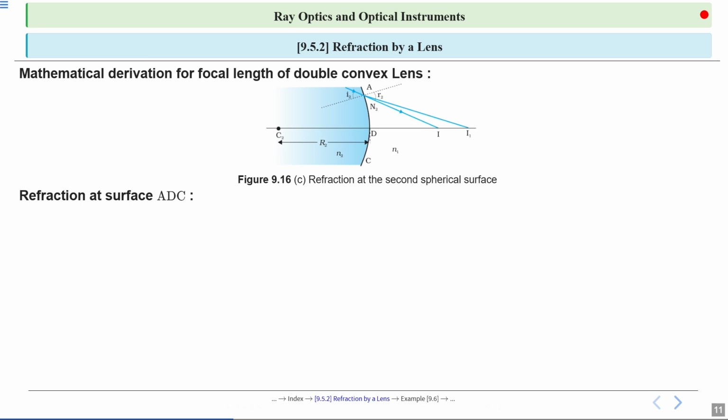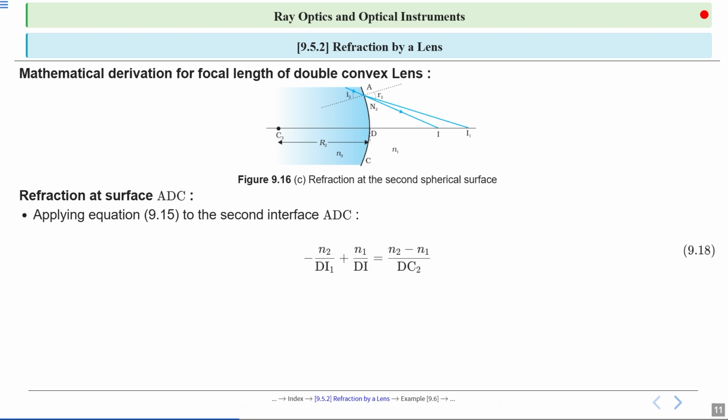So, refraction at surface ADC. Applying equation 9.15 again to the second surface ADC, now we will swap this N1 and N2. Now, the ratio of the refractive index of the medium in which the object is placed upon the object distance.